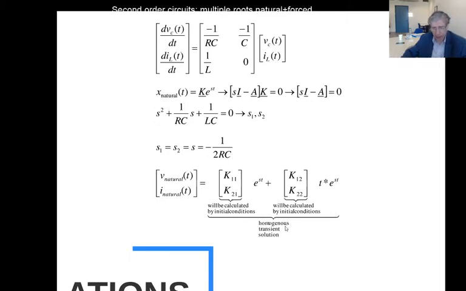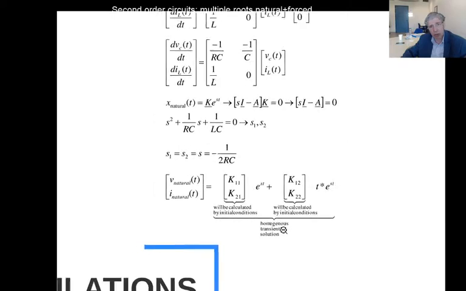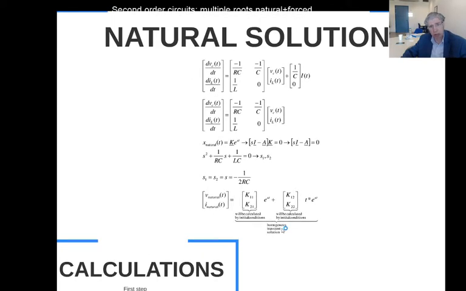So the only difference between the homogeneous solution and the natural solution is this.